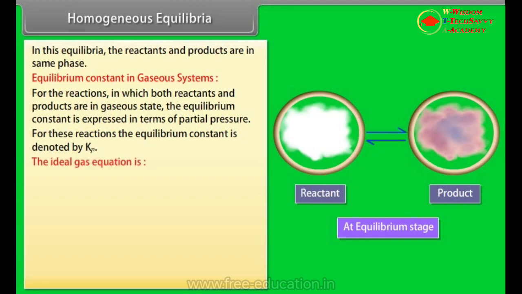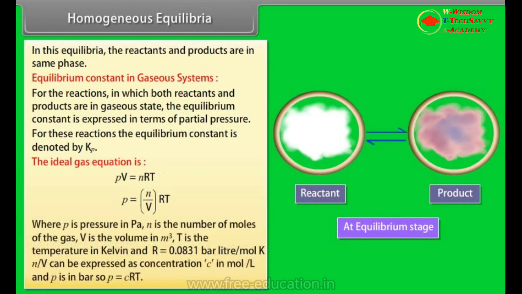The ideal gas equation is PV equals nRT. P equals n by V RT, where P is pressure in Pascal, n is the number of moles of the gas, V is the volume in m cube, T is the temperature in Kelvin, and R is equal to 0.0831 bar liter per mole Kelvin.